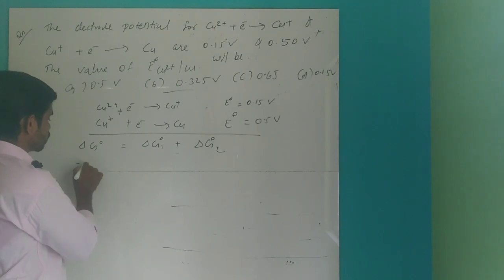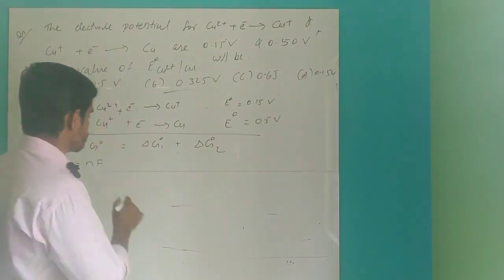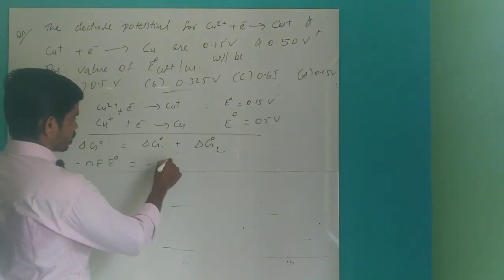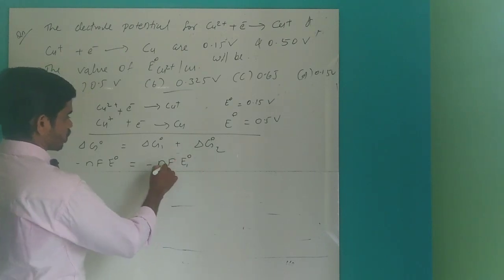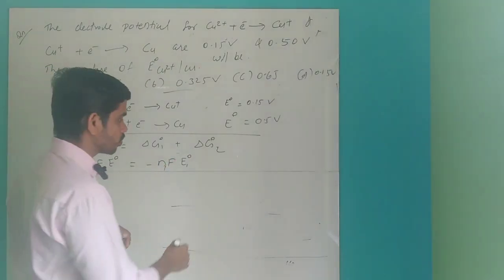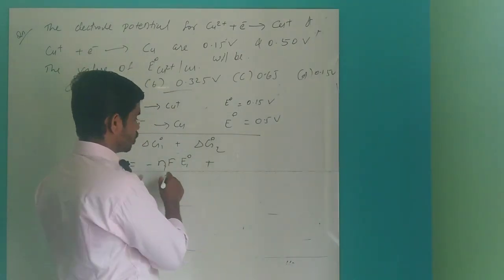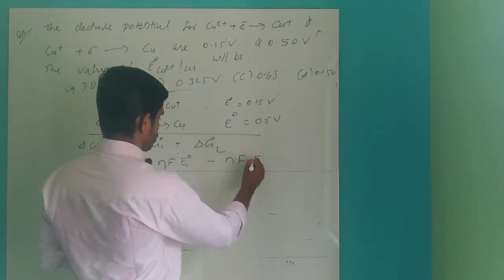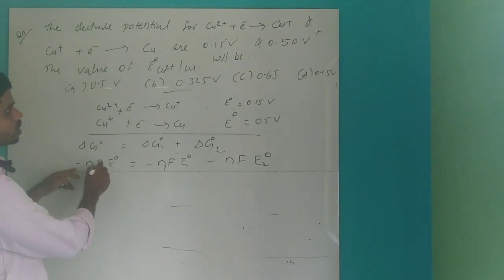So delta G0 is equal to minus nF E0, so minus nF E1 0 plus minus nF E2 0. So this is for this reaction.